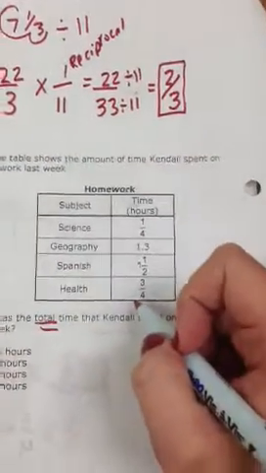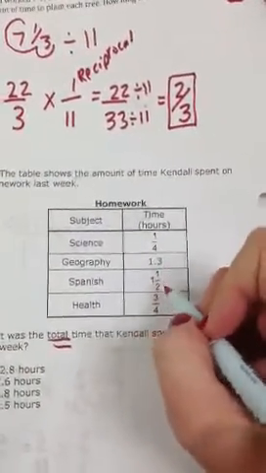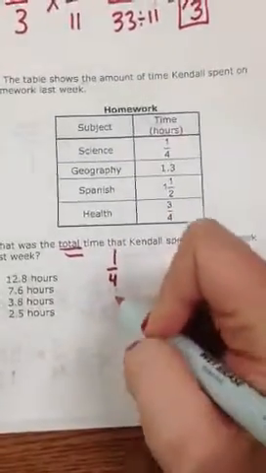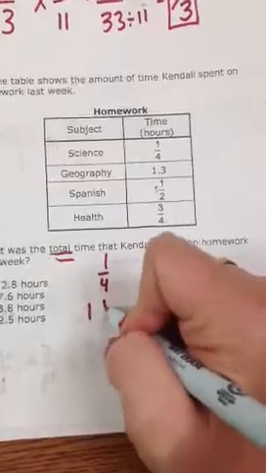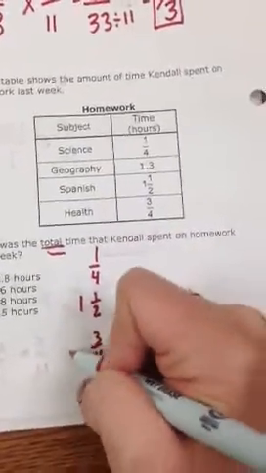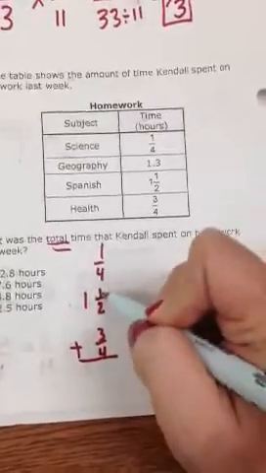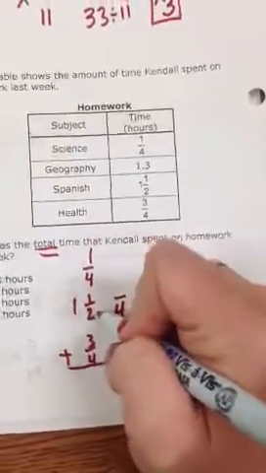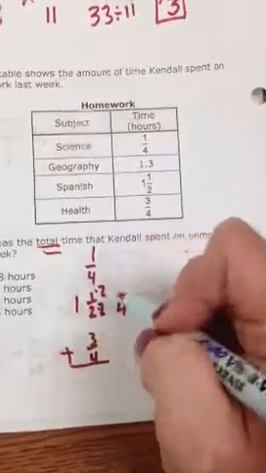All right, so to find my total time, okay, I'm going to add my fractions together. So I have 1/4 and 1 1/2 and 3/4. I'm going to add these first. Since I could get easy common denominators here, I could convert this to fourths by multiplying by 2.